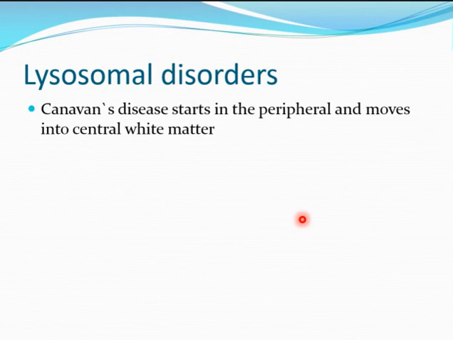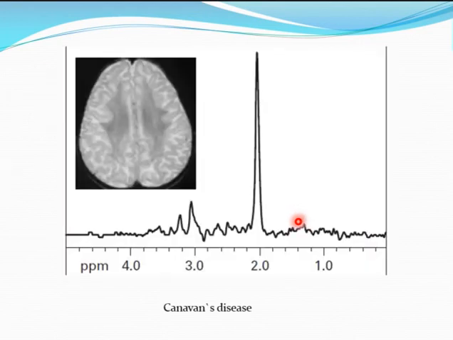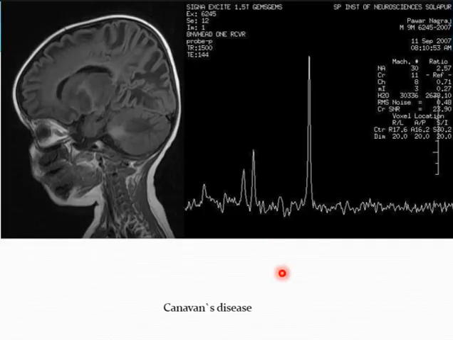I hate these, but it shows you a markedly, hugely elevated NAA peak compared to the other metabolites. This is typical of Canavan's disease. Again, another case of Canavan disease. You can see a markedly elevated NAA peak in a child that should normally have a low NAA peak. Get it?